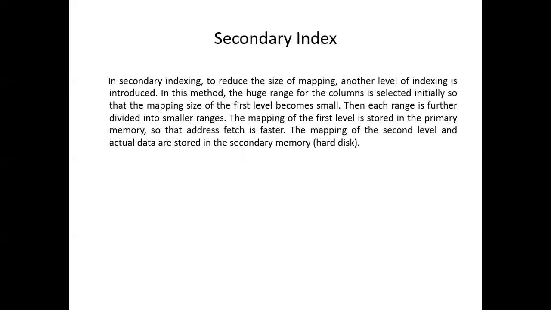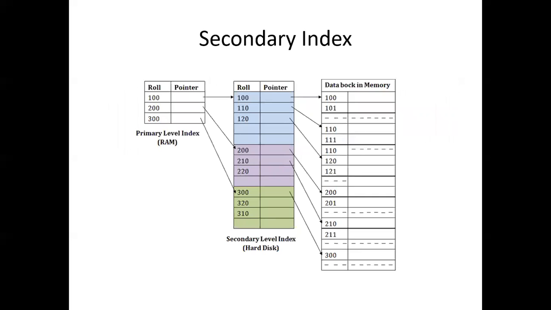The mapping of the first level is stored in primary memory so that address fetching is faster. The mapping of the second level and the actual data are stored in the secondary memory or hard disk. So this is an example of secondary indexing.